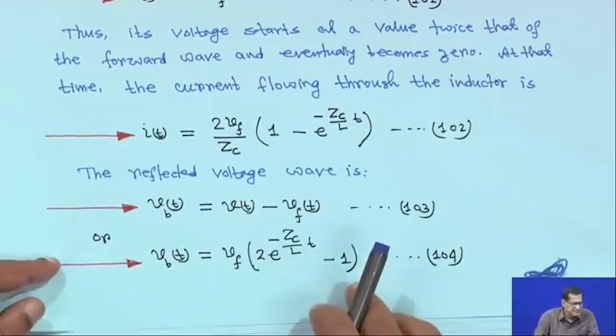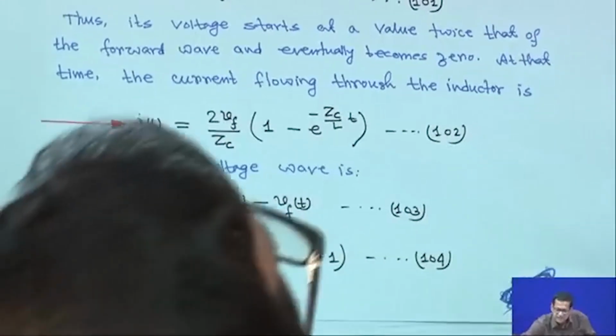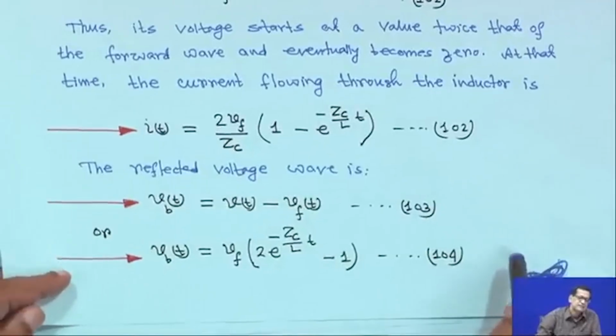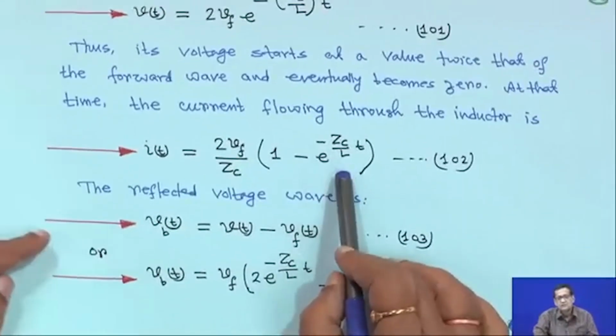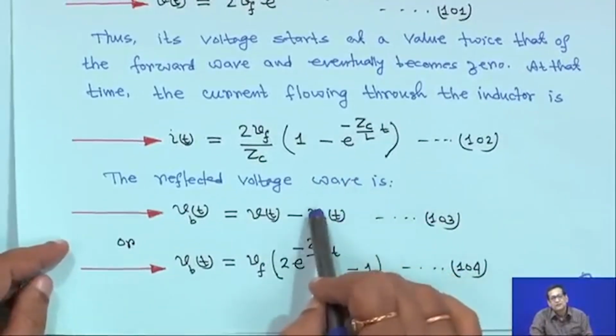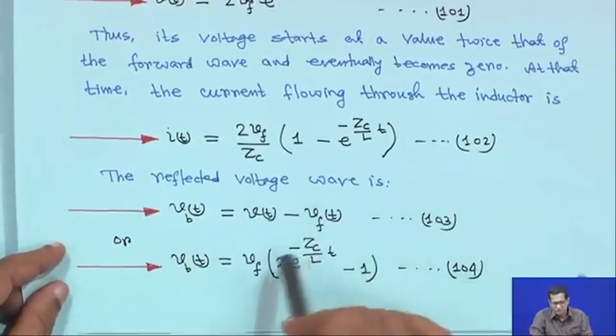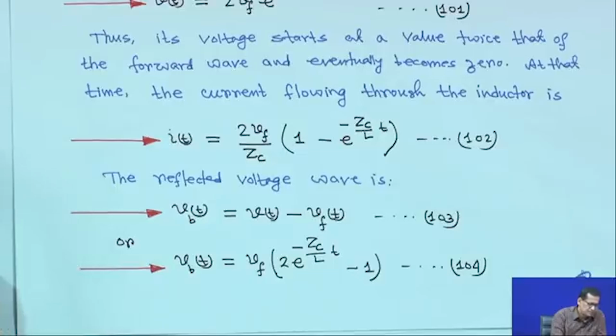But in reality it does not happen that only X is there; resistance also will be there, or in general Z, but this is a special case. For this one I request you to draw the voltage waves, forward V_f, then V, and also show the V_b. This will be an exercise for you.